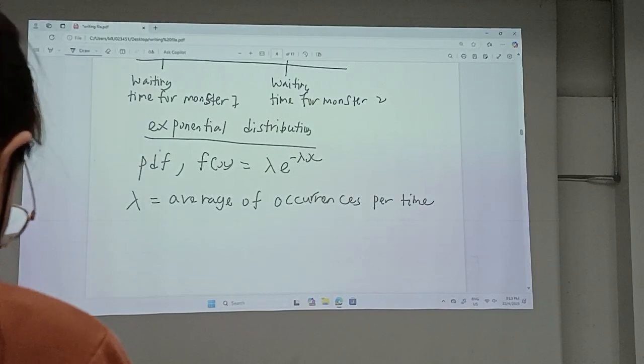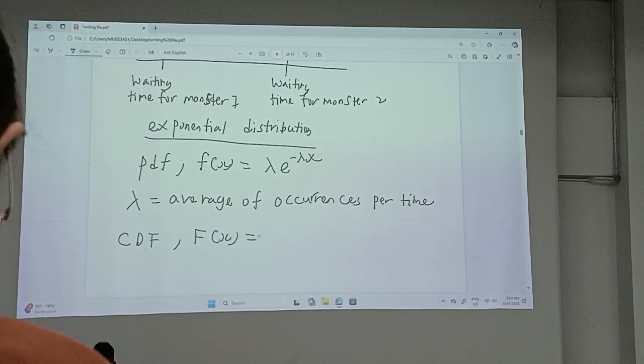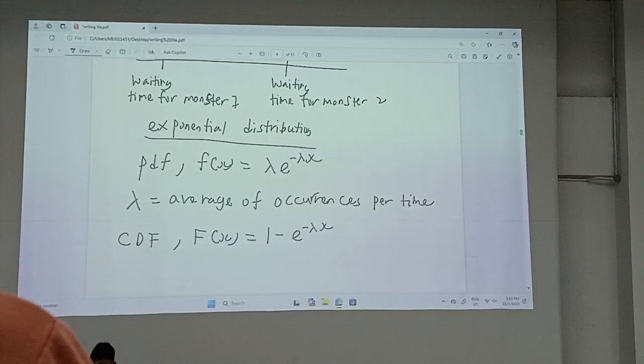From this PDF, we can get the CDF. For the CDF we use a big letter F, equal to 1 minus e to the negative lambda x. Did you learn this CDF before?